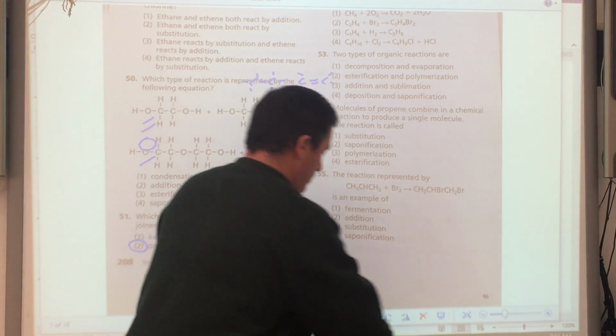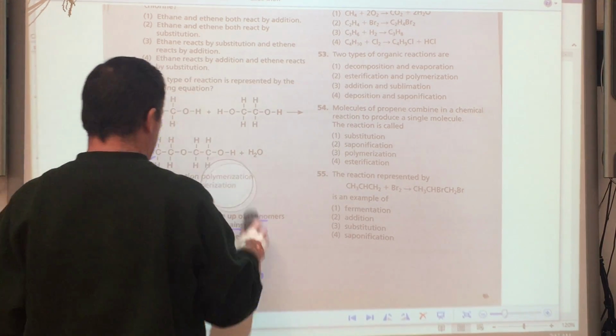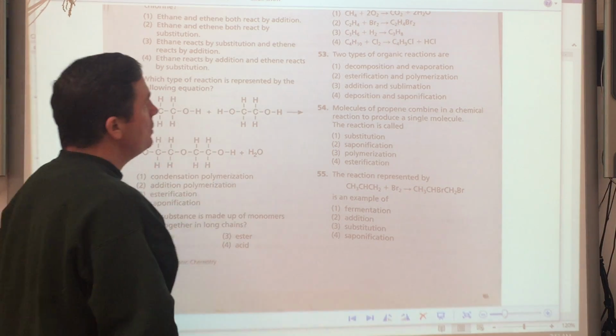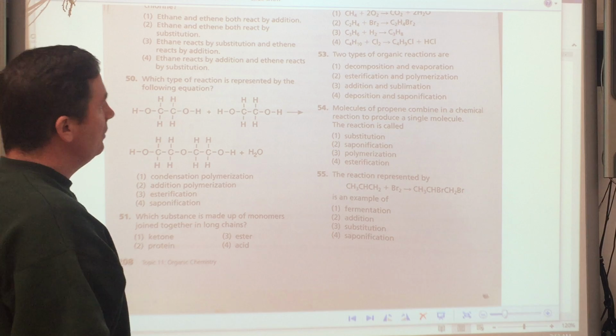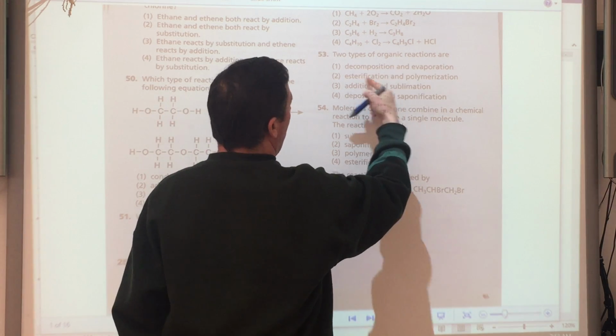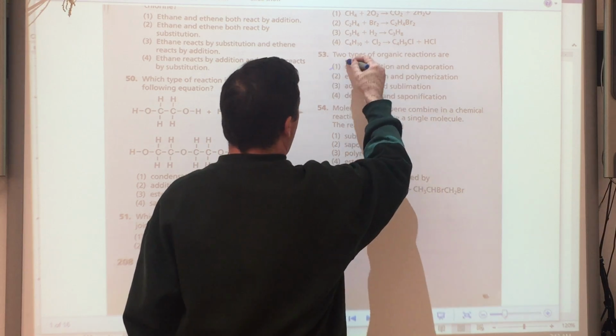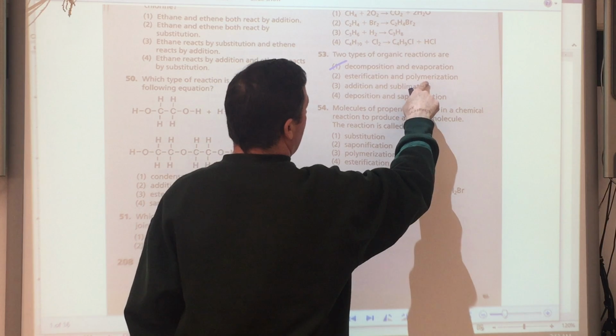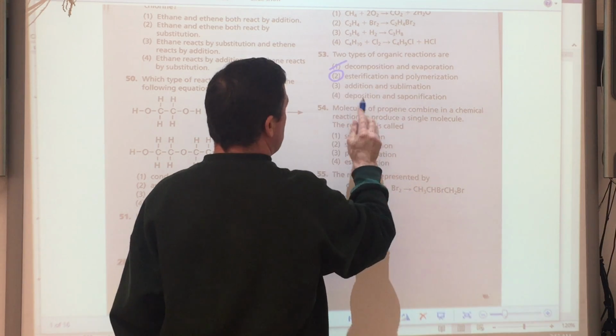53. Two types of organic reactions are, okay, at least we can recognize them. Decomposition, nope. Evaporation, definitely not. Evaporation is a physical process. Esterification and polymerization, that's the answer.